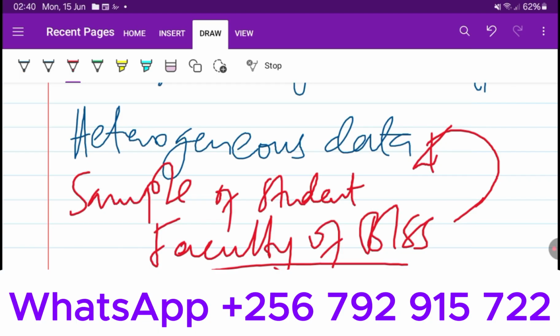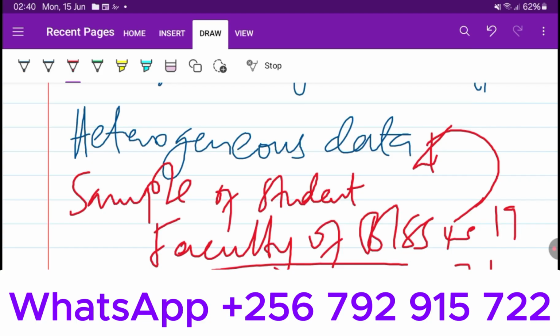You might get someone who is 30 years, you get someone who is 21, you get someone who is 19, if maybe the individual item we are looking at is age, you get someone who is 45. But you have taken all these people as if they are just one person. So heterogeneous data is data that is not common, is not the same in terms of the attributes or the characteristics.